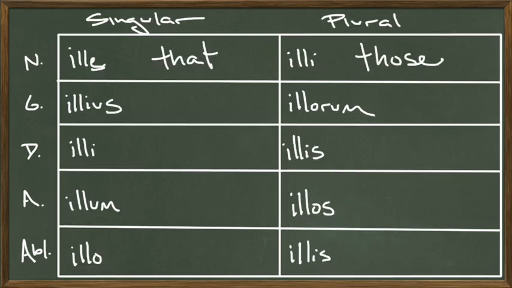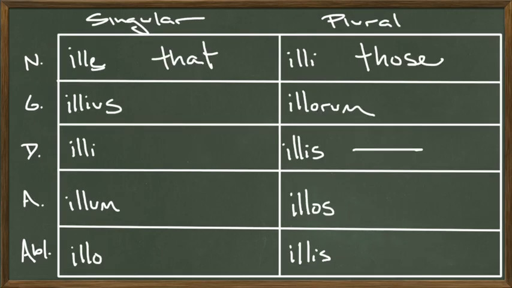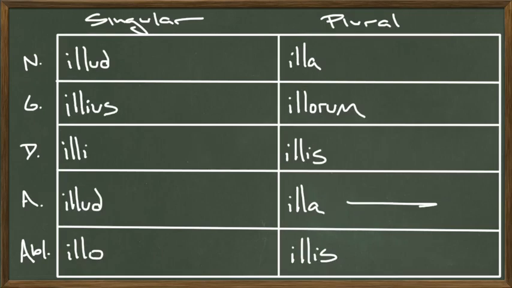In the dative, we have illis, and it's the same all the way through. Illis in the feminine, and illis in the neuter. Alright. In the accusative plural, we have illos. It is not the same in any of them. In the feminine plural, it's illas, and in the neuter accusative plural, it's illa.